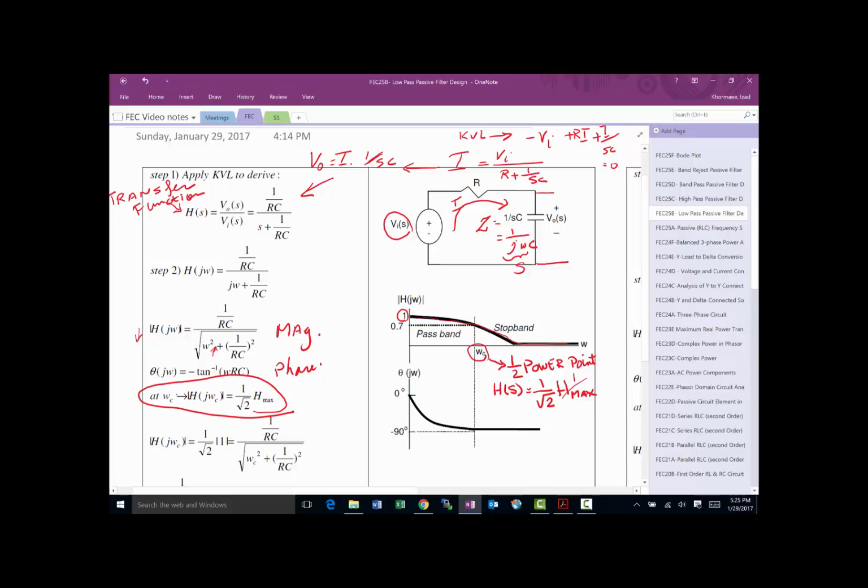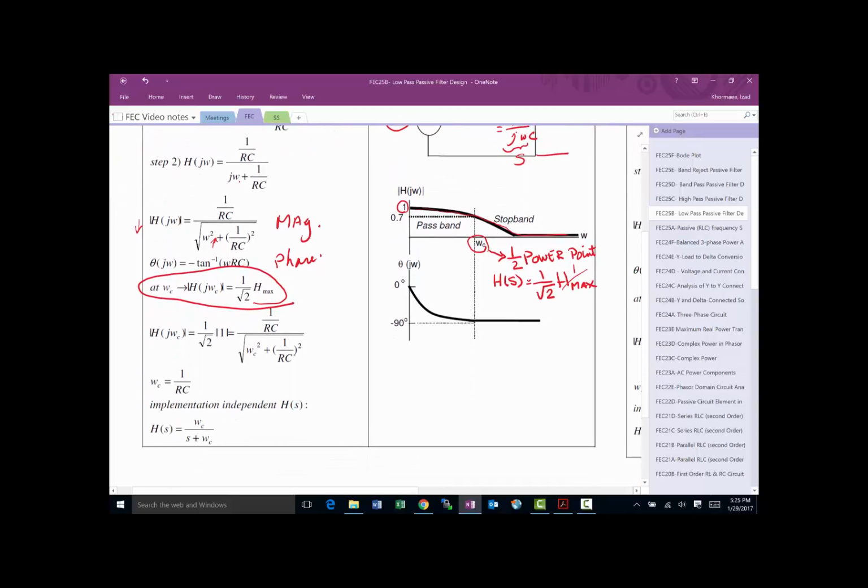We plug omega c into this equation, and the magnitude of it has to be equal to 1 over square root of 2. If you do that, we find that omega c is equal to 1 over RC. This is referred to as the cutoff frequency, or as we said earlier, the half power point.